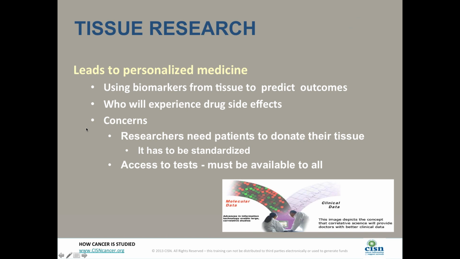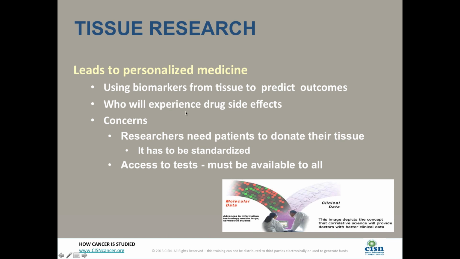And again, back to tissue research, the more real human tissue that we have, the better that is. We can put the human tissue into that mouse and see what happens, but then you're making inferences again. So it's important to have human tissue.